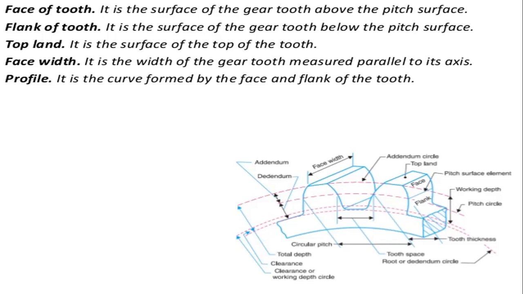And next one is the flank of the tooth. So it is the surface of the gear tooth below the pitch surface. So that is the flank of the tooth.